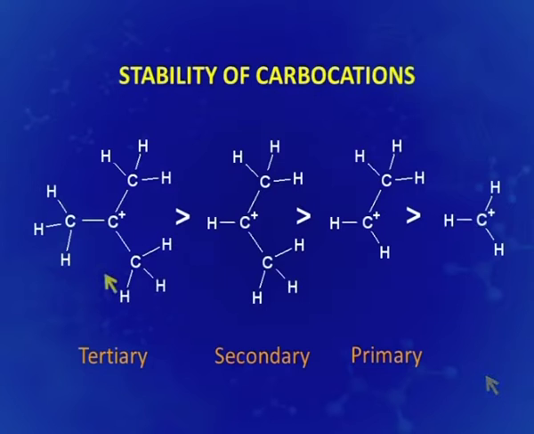You can see that in case of tertiary we have 3 carbon atoms which are attached to 3 hydrogen atoms each. So, we have 3 plus 3 plus 3, 9 hydrogen atoms to contribute to the resonance structures. Obviously, it will make carbocations stable. So, hyperconjugation also plays an important role in the stabilization of carbocations.